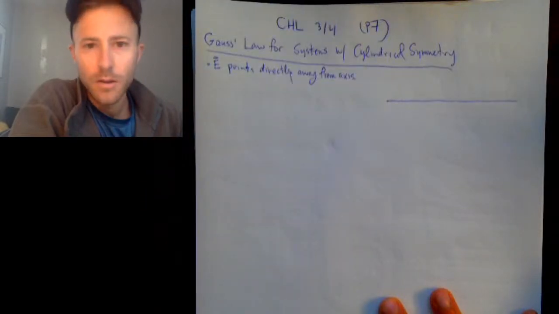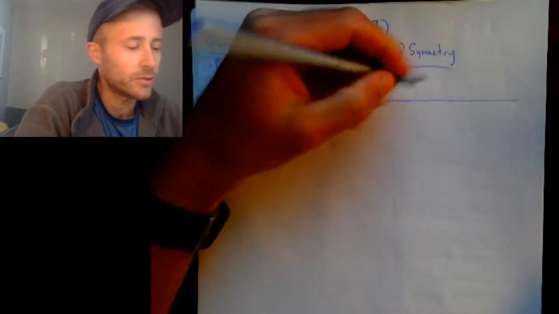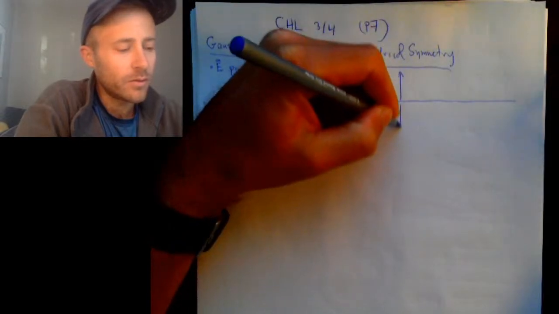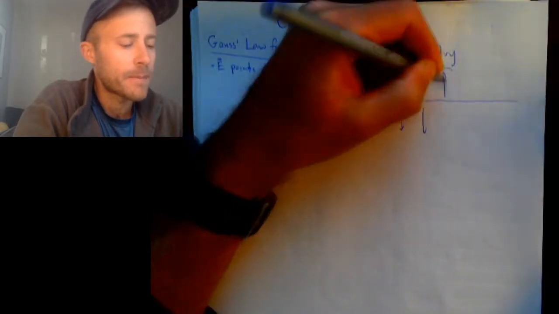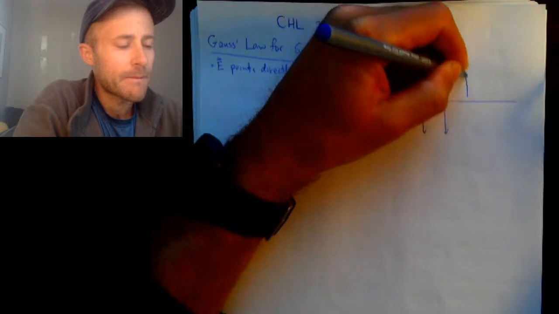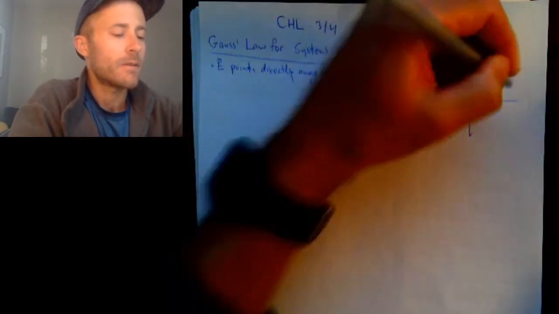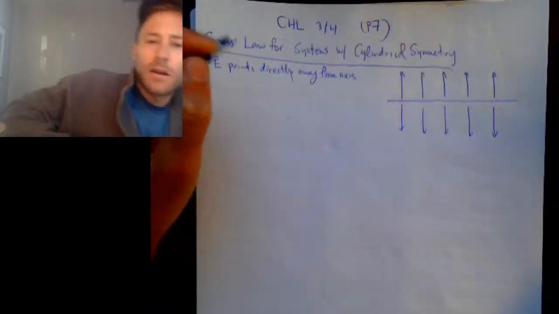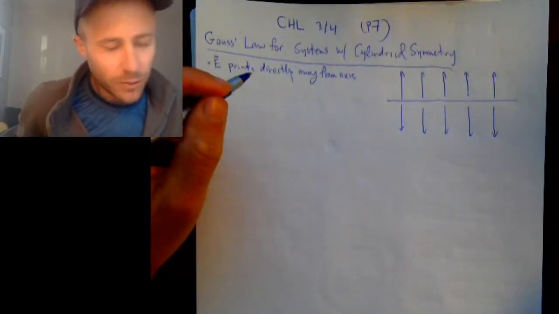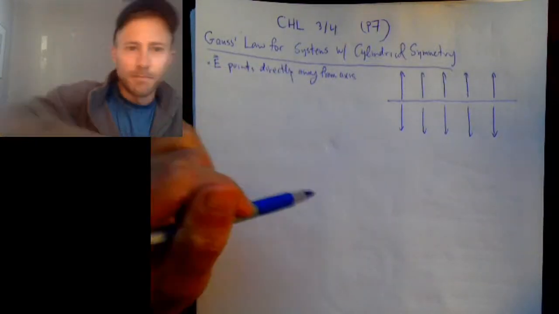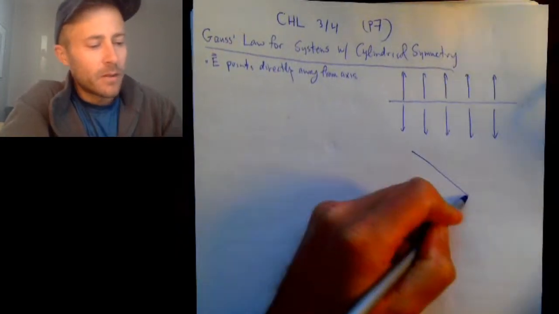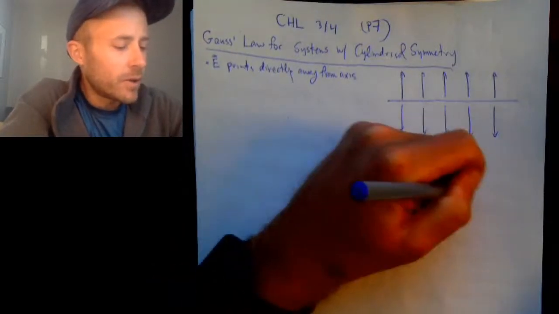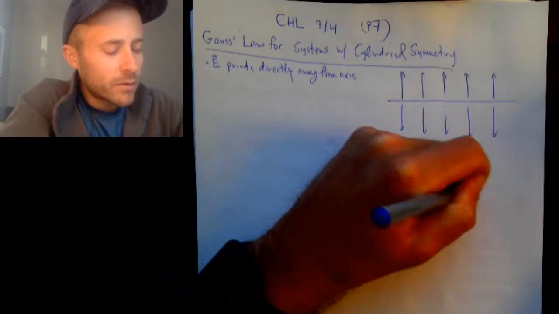Meaning that if this is the axis, the field could point directly towards the axis, or it's going to be directly away like so. That's the electric field. This would be a positively charged system. If we wanted to draw this in more of a 3D view, we've got electric field that goes like this.